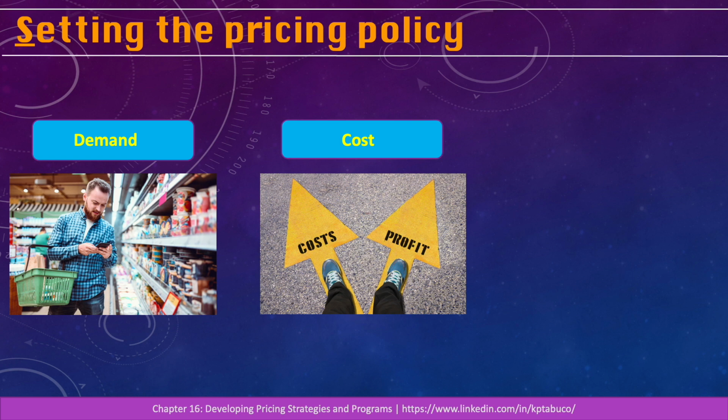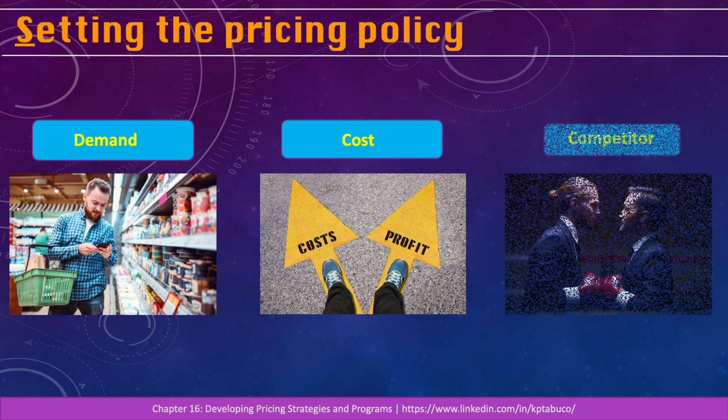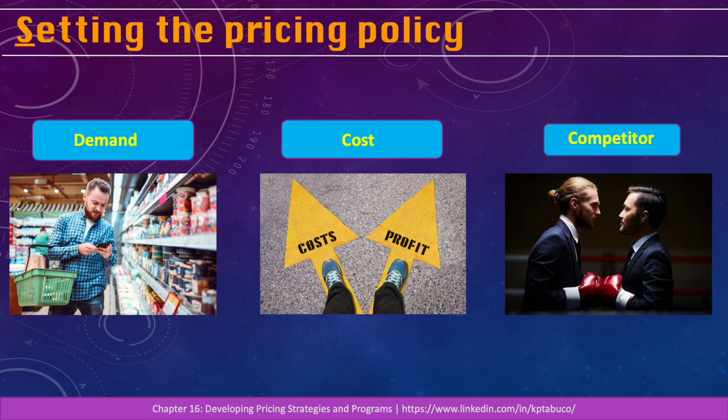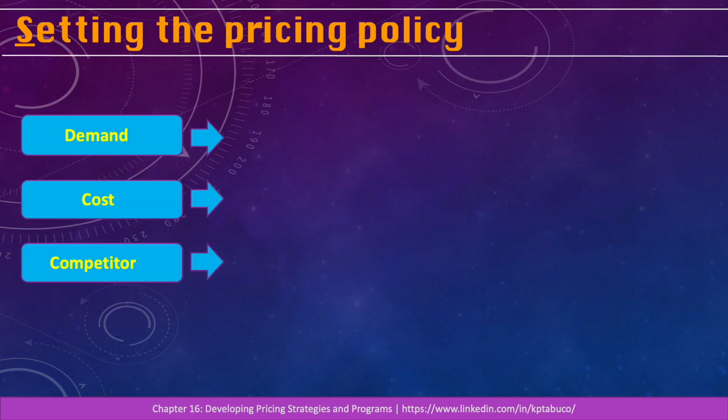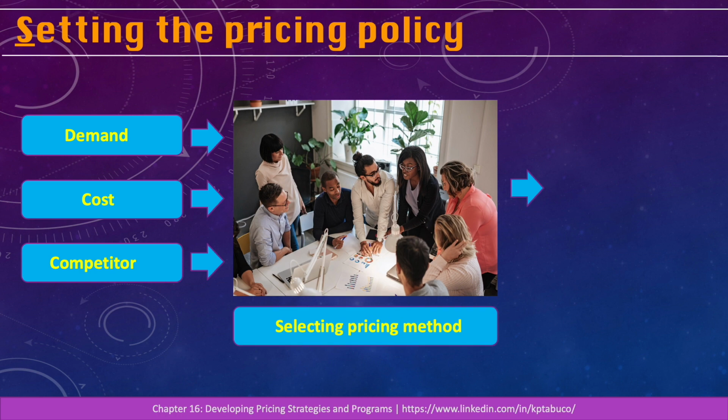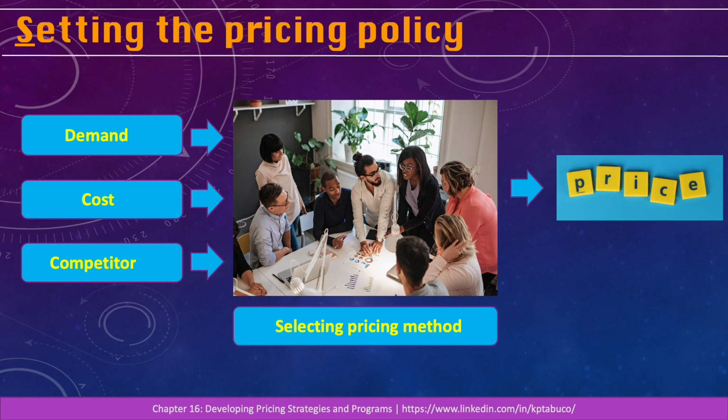It is important to consider how much profit margin a company desires to have. It is critical for us to examine competitors' costs, prices, and offers so that we know how much price we can add or reduce. The information we gathered enables us to select the pricing method and the price.